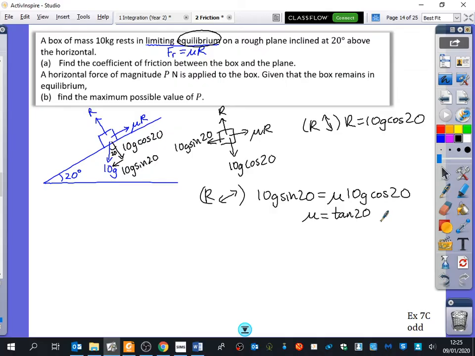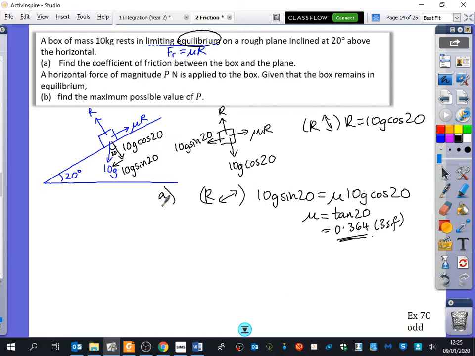Maybe you're in radians mode. Yeah, in radians mode it's 2.23, which is pretty rough. But in degrees it's 0.364 to three significant figures. So part A is nice and easy.